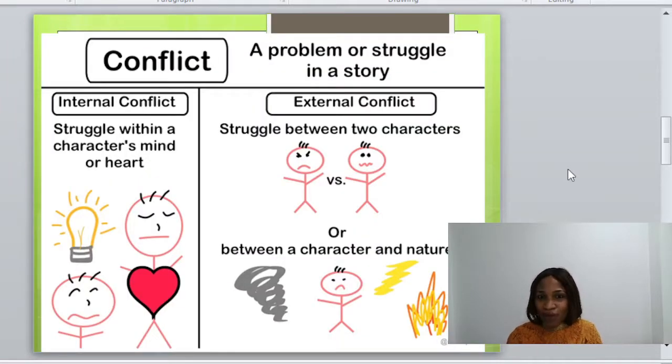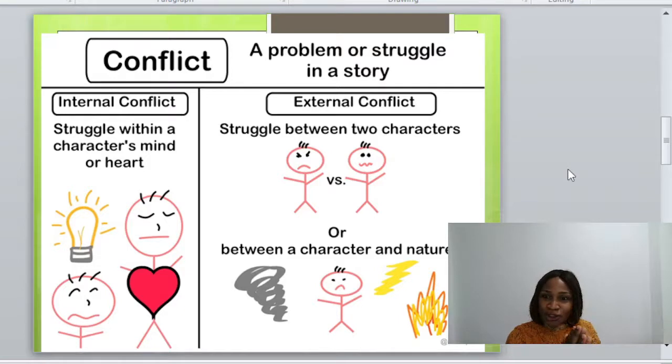Now let's look at conflict. I told you a conflict is a problem. In some stories, the conflict can be the character thinking in his mind, trying to make a decision. It can also be two characters having issues, having a battle. It can be a character battling with nature, maybe the sun, the moon, in fictitious stories.